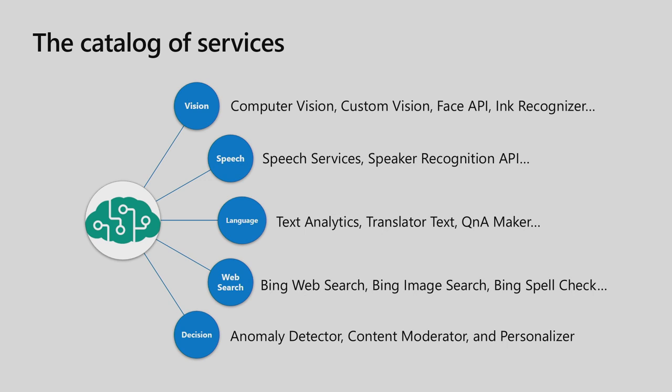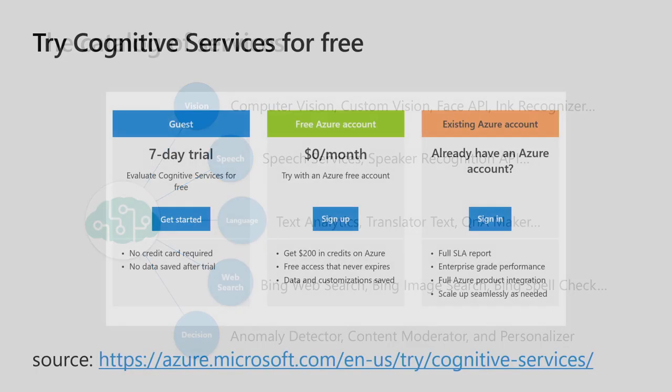You can use Bing spell check to check your text is correctly written. For decision, we have anomaly detector, content moderator. Those things are still in preview. I will not demo any of those, but they exist.